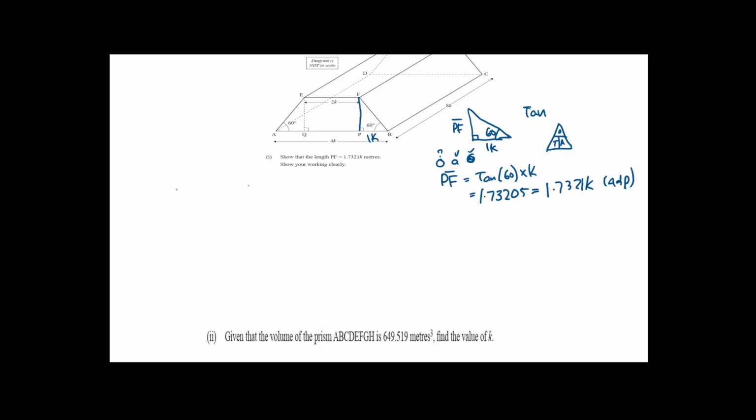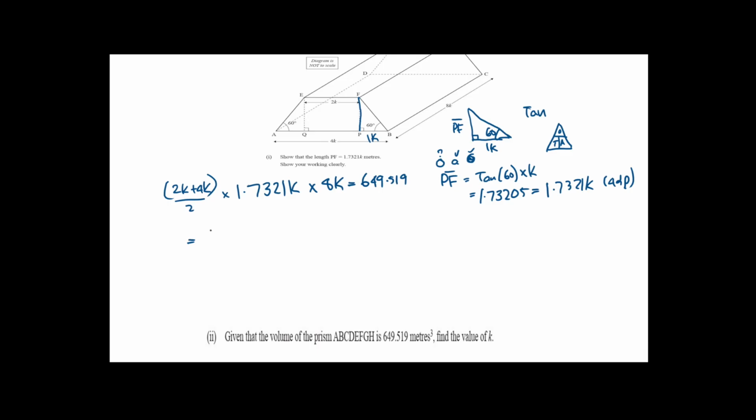So the area of this trapezium is going to be 2K plus 4K divided by 2 times the height, which is 1.7321 K. That's going to be the area there, and then we're going to multiply that by 8K, and we're told that that comes to 649.519 meters cubed.